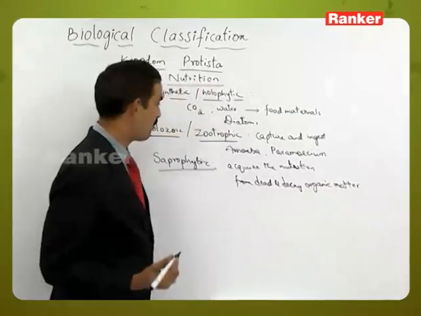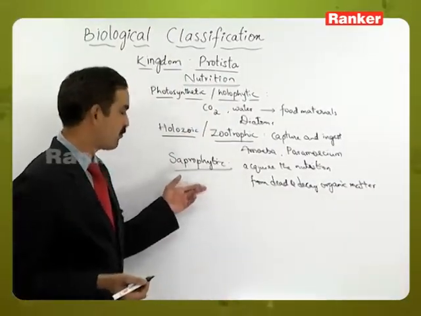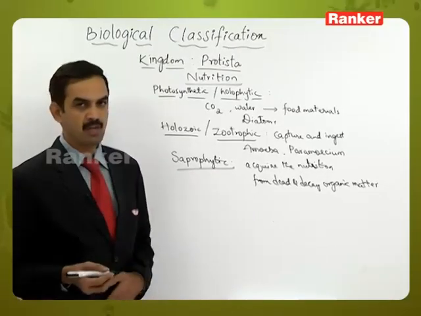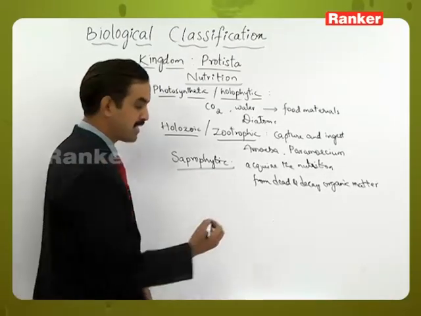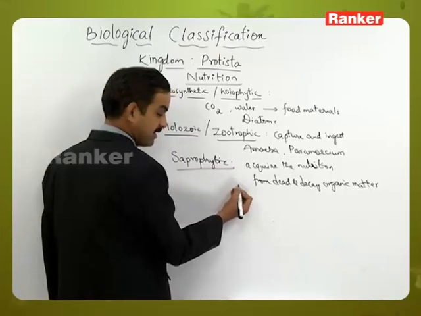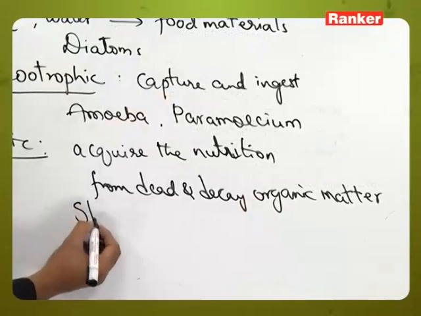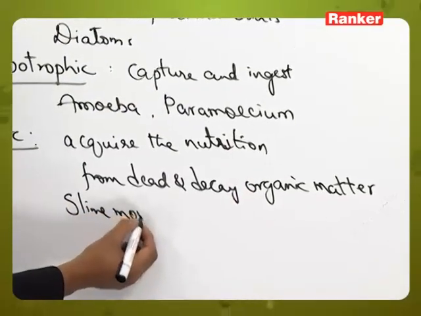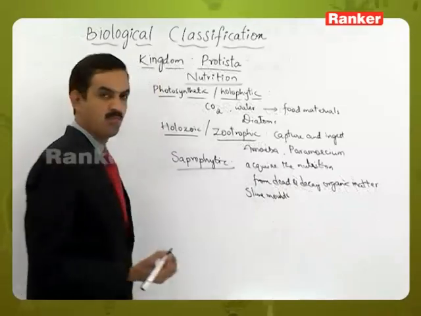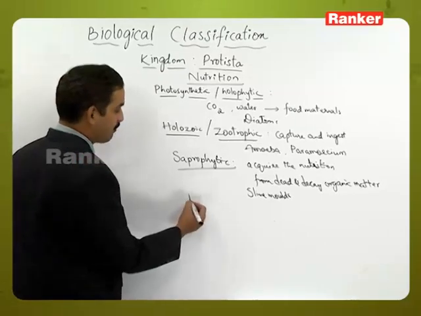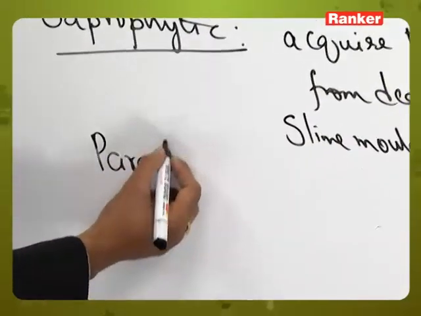So they cannot perform photosynthesis, they cannot prepare their own food materials, they depend upon the dead and decaying organic matter. This is the mechanism where they absorb the nutrients from the dead parts. This can be seen in the slime molds.